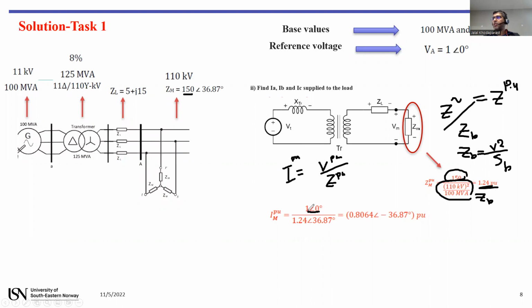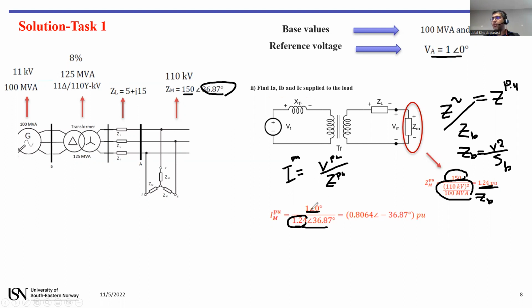So the voltage of the load, as you can see here according to the text of the task, is the reference value, 1 with angle 0. And for this one, the amplitude is calculated here, the amplitude of the impedance of the load in per unit, and the angle is taken from here, according to the text.